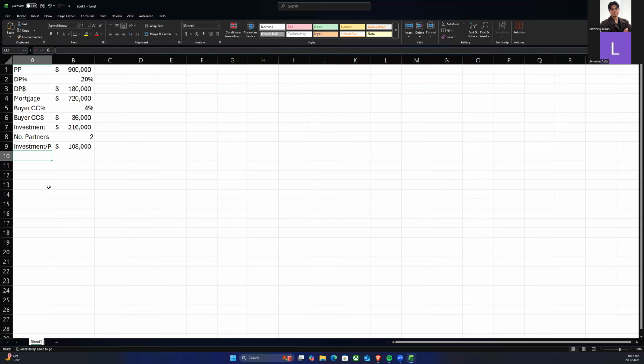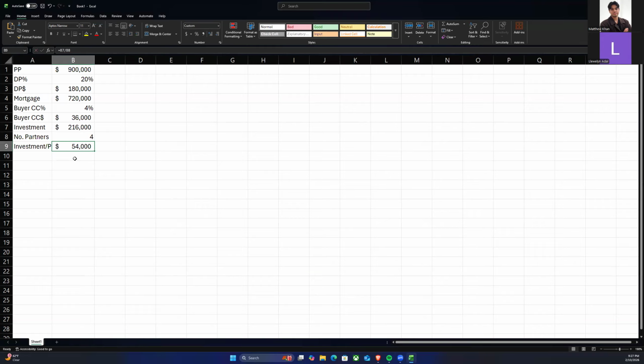Your problem is network. If you network with enough people, you will be able to buy any property. Even if you can't afford that 108,000, instead of two partners, put four partners on it. Change that to four, and it's 54,000, and so on.